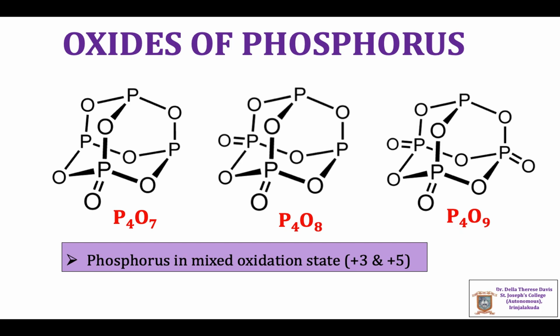So in P4O9, the three phosphorus atoms to which terminal oxygens are attached will show +5 oxidation state, and the last phosphorus atom to which only bridging oxygens are attached will have an oxidation state of +3. These are the oxides of nitrogen and phosphorus.